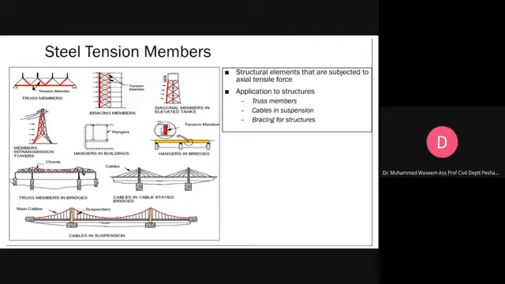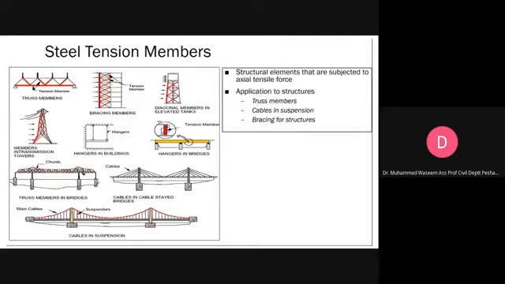Similarly, the bracing members in the elevated tanks, for example, if the tank is subjected to a lateral load, this load causes tension in some of the members. Tension members can also be found in the transmission towers. You can find them as a hanger in buildings. They are also used as hangers in bridges.